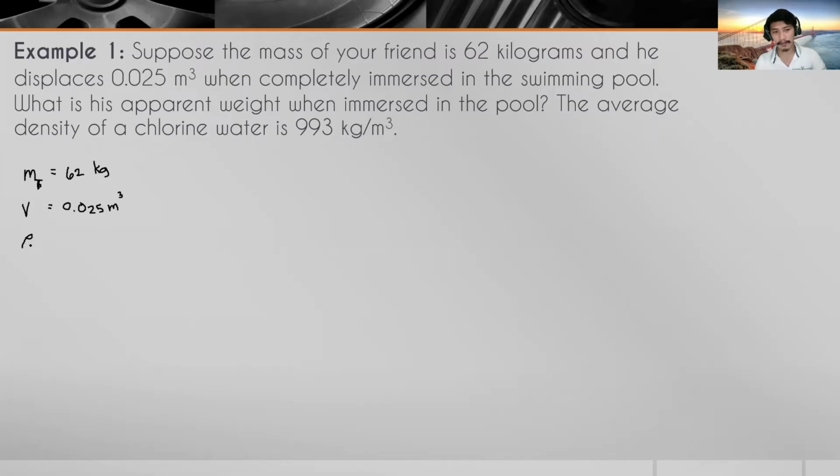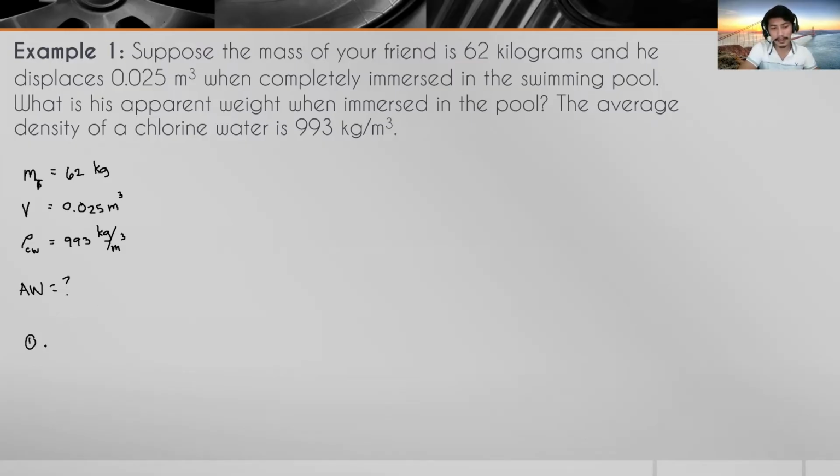The density of the swimming pool or the chlorine water is 993 kilograms per cubic meter. So yan yung density ng ating fluid, particularly chlorine water. Okay, now ano ba yung required? What is the apparent weight? So ang hinahanap natin is the apparent weight, which is unknown.